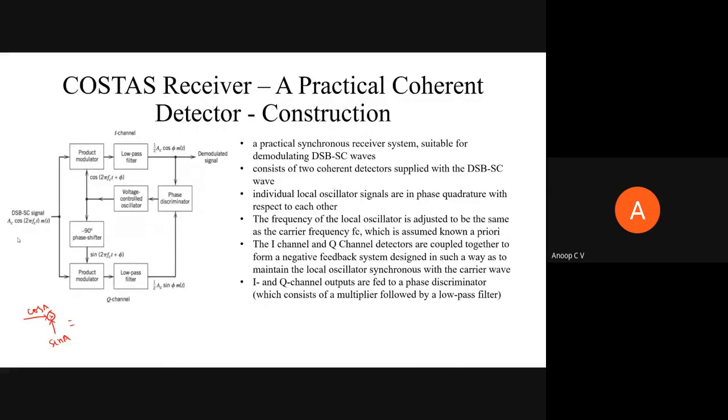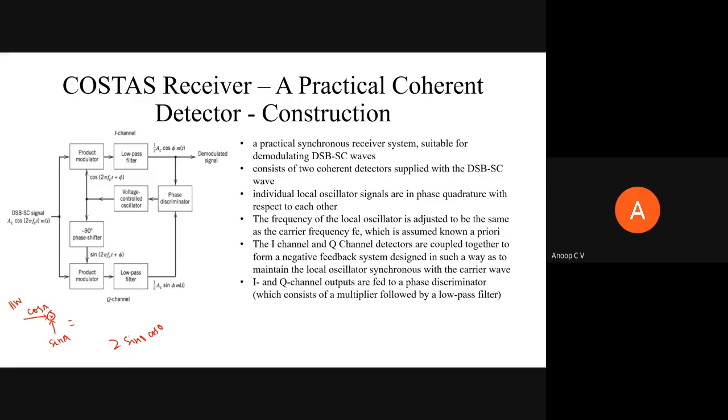Right. So okay, now I'll ask you to find out an answer for this, a question related to the working of the phase discriminator. If you expand this cos A sin A, maybe if I ask you what is 2 sin theta cos theta, you may have the answer. If you expand that, you'll get two terms.